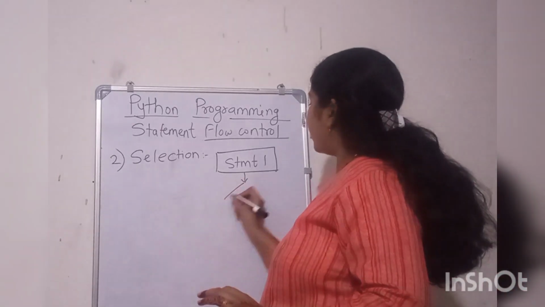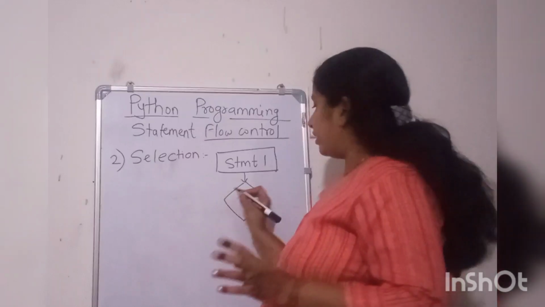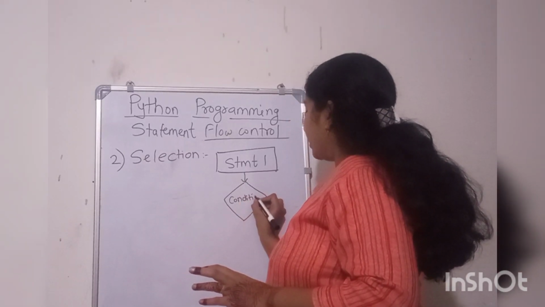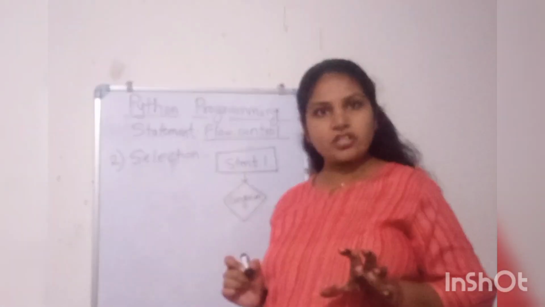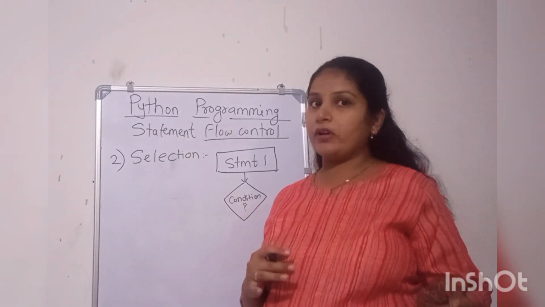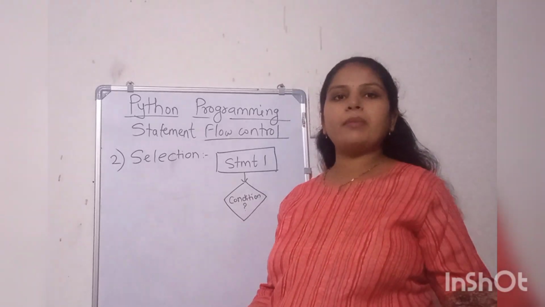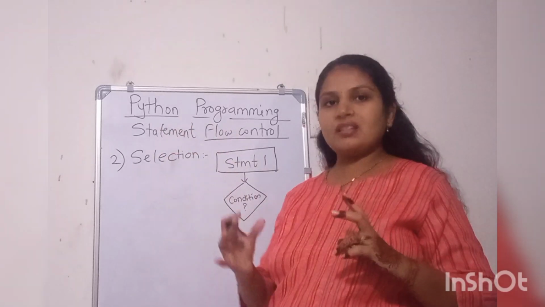This is our conditional expression or conditional statement. Whenever you are checking the condition, your answer will be in the form of yes or no, because the condition might be true or the condition might be false. So you need to consider both scenarios.